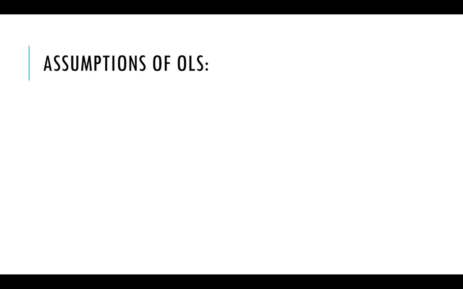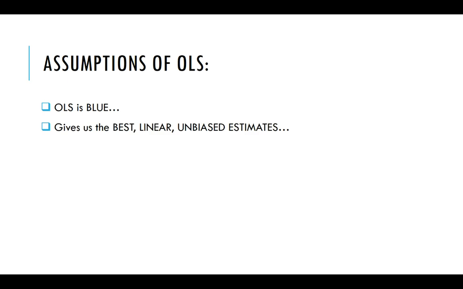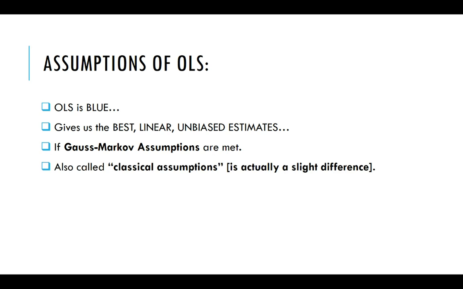Now, there are some assumptions of OLS. We're not going to go through all of them. But as we said, OLS is BLUE. What does that mean again? It gives us the best linear, unbiased estimates. And that is if the Gauss-Markov assumptions are met, which are also called the classical assumptions.